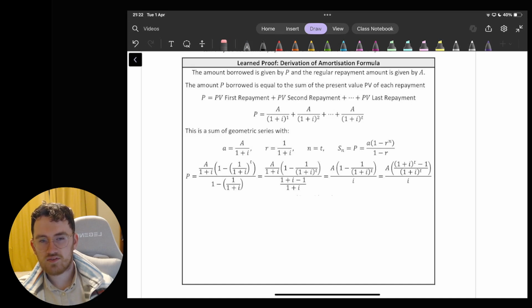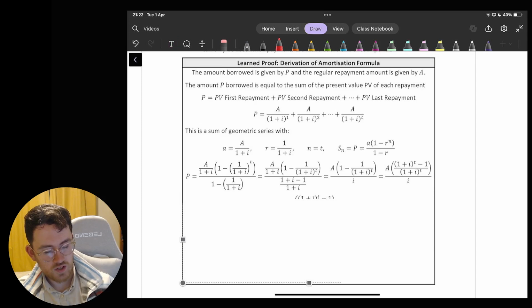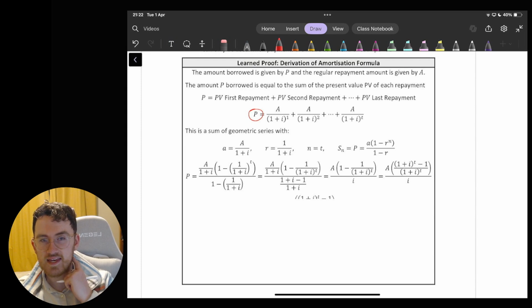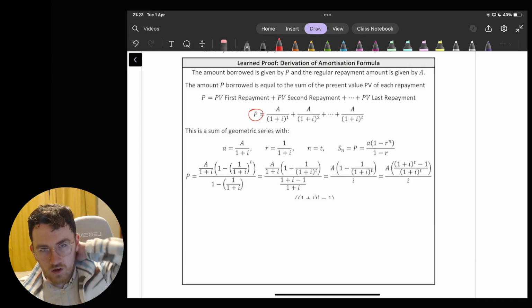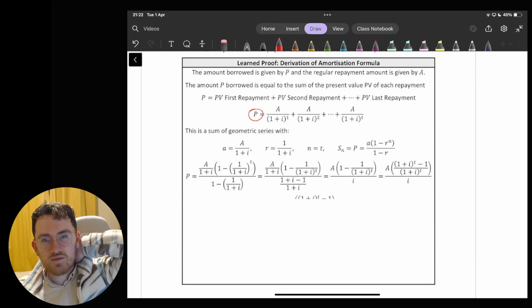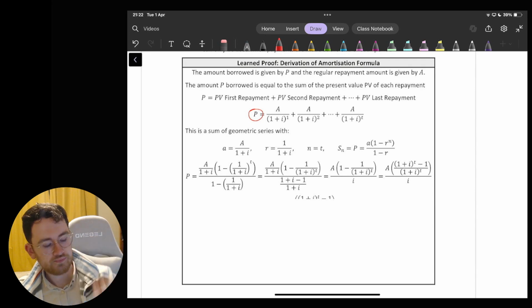What largely follows here is a fair bit of algebra. The key thing to remember is that this overall sum gives me P, which is the amount that I borrowed. The idea is that if I repay all of this money, it should be equivalent to the amount that I borrowed.